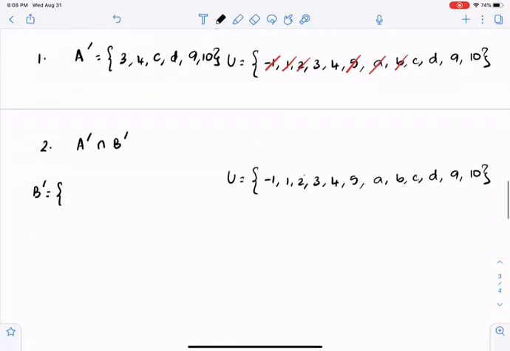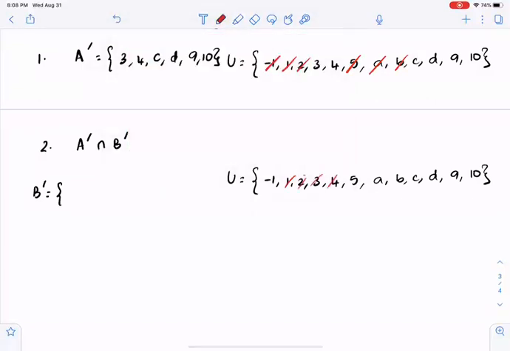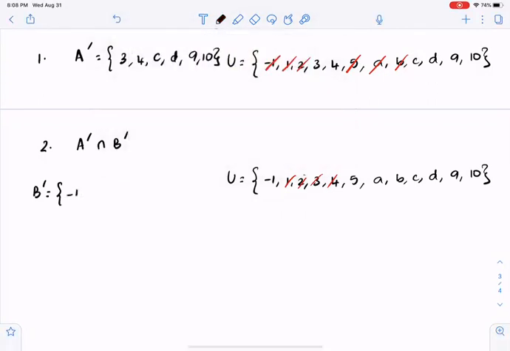So B has 1, 2, 3, 4. So I just have to get rid of 1, 2, 3, 4 from the universal set. Whatever elements I leave behind will be in B complement. So I will end up having -1, 5, A, B, C, D, 9, 10.